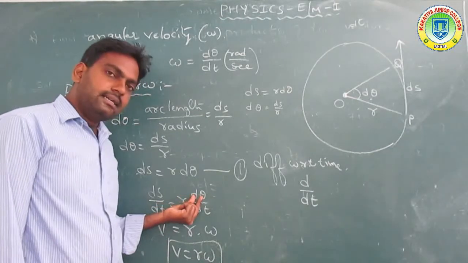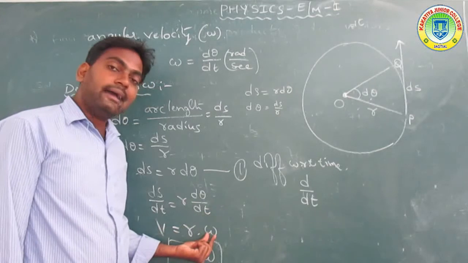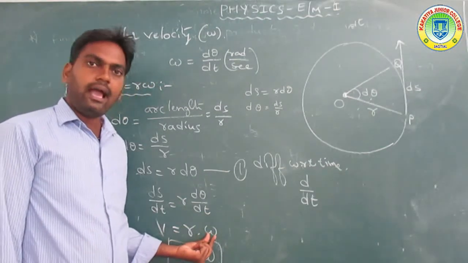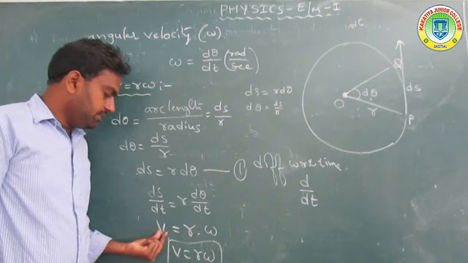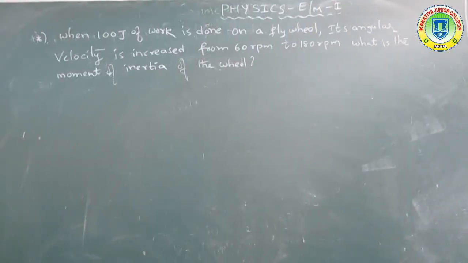Change in angular displacement with respect to time is called angular velocity. That means v is equal to r omega. Hence proved.